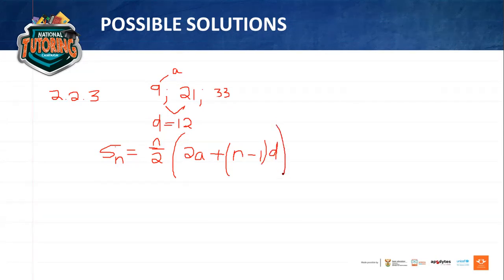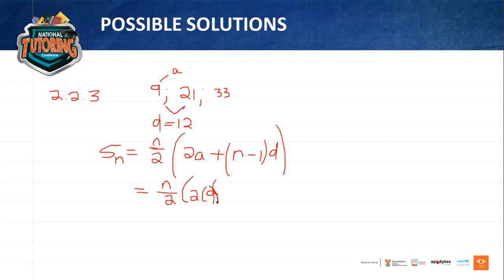The formula, guys, we are going to get it from the formula sheet. Make sure that you consult the formula sheet and you copy it as is. Then we can now just substitute. We do not have n, we only have a and d. So we leave n as is, then it's 2 multiplied.